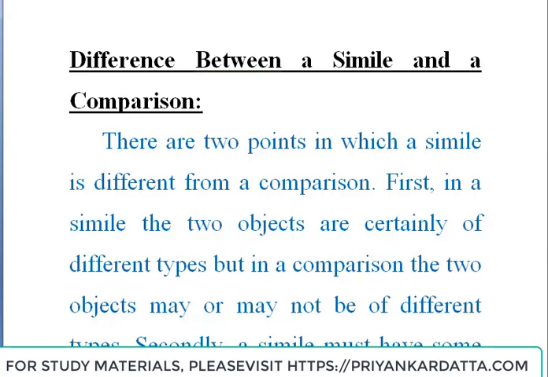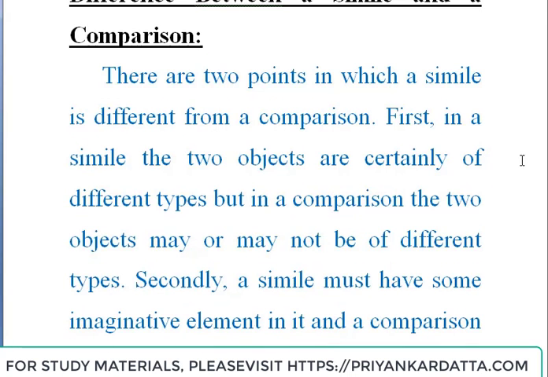That's why we need to know the basic difference which exists between a simile and a comparison. Now, there are 2 points on which a simile is different from a comparison. First, in a simile, the 2 objects are certainly of different types. But in a comparison, the 2 objects may or may not be of different types.